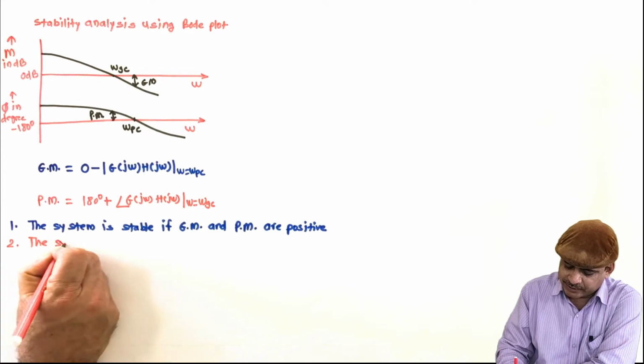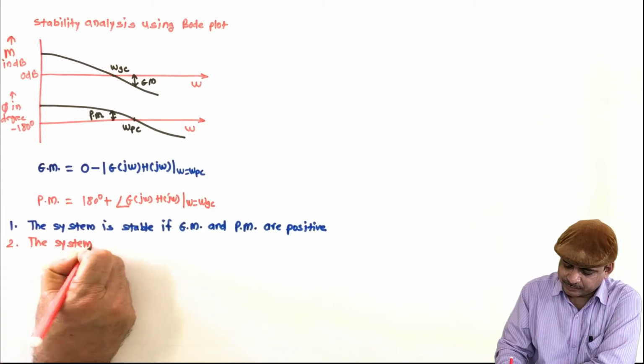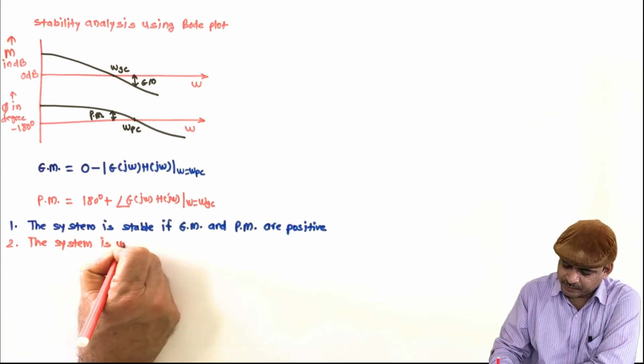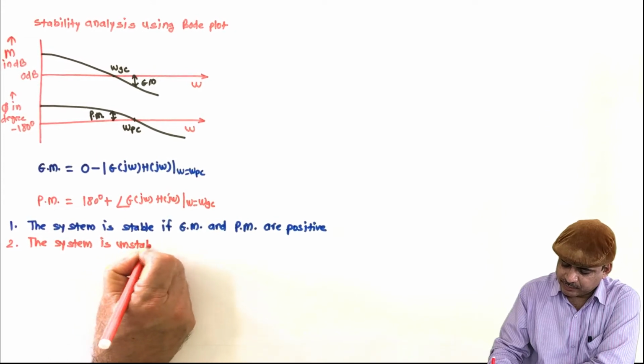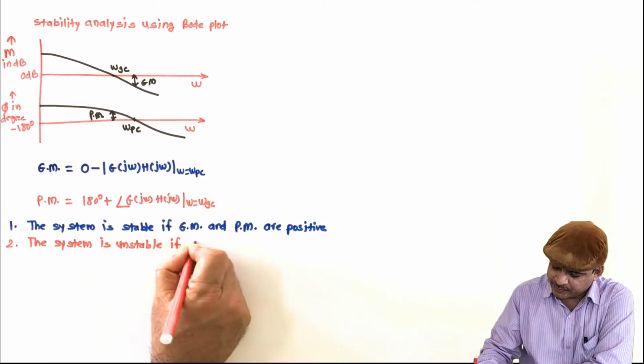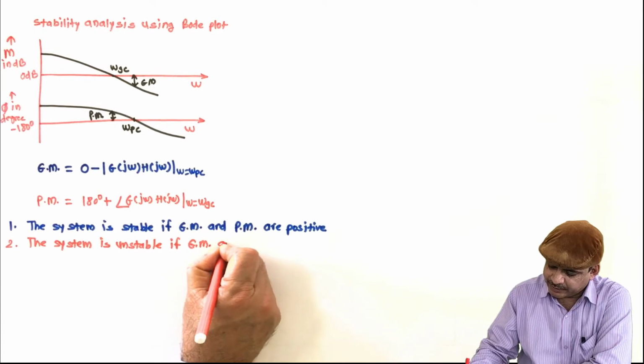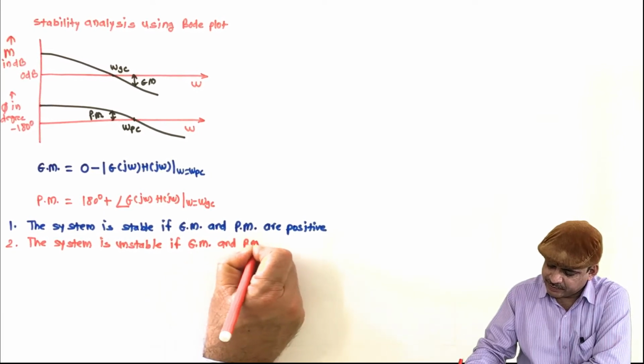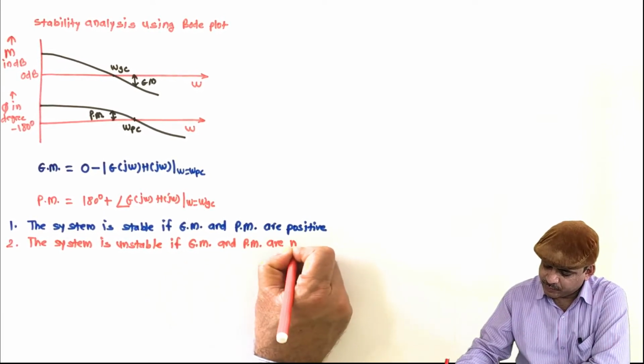The system is unstable if gain margin and phase margin are negative.